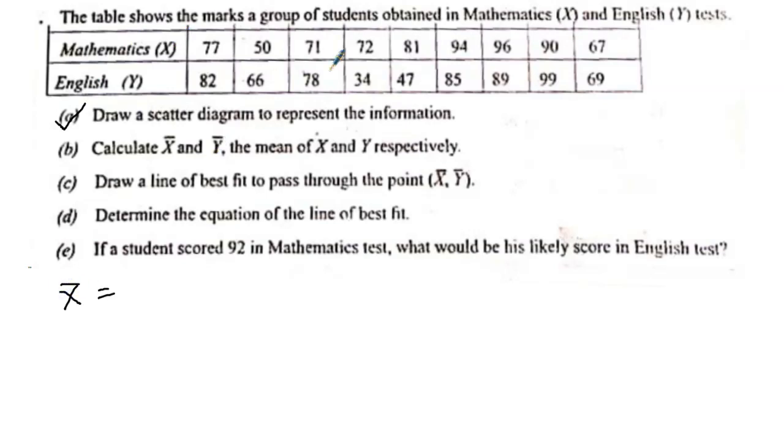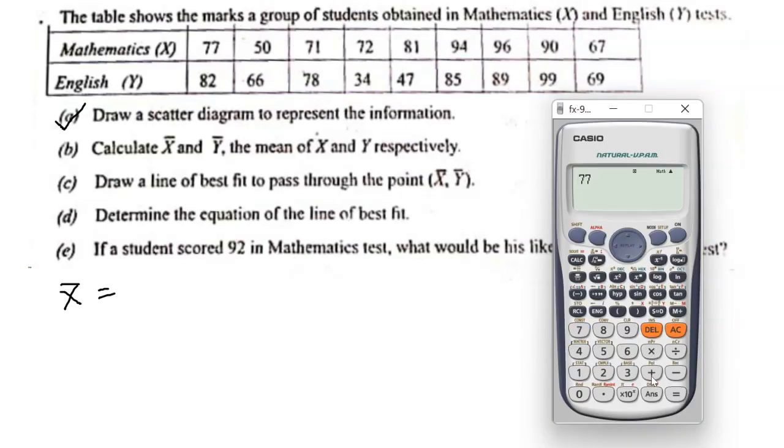We're going to add everything up and then divide it by 9 because the individuals are 1, 2, 3, 4, 5, 6, 7, 8, 9. With the help of a calculator, you can move quicker. I'm going to add everything. So 77 plus 50 plus 71 plus 72 plus 81 plus 94 plus 96 plus 90 plus 67.